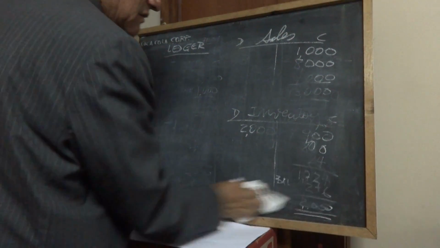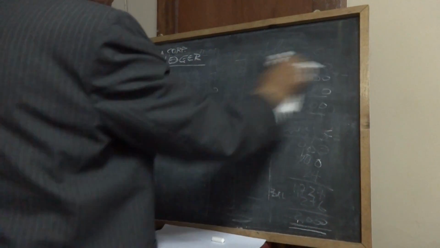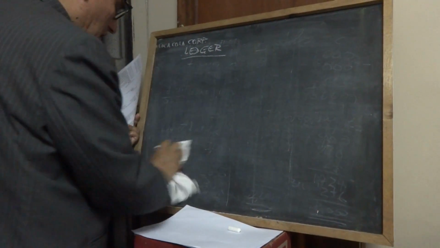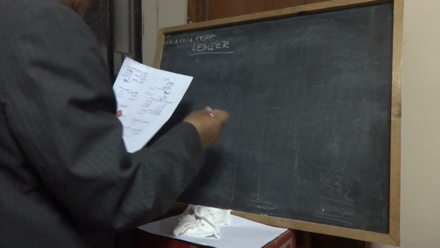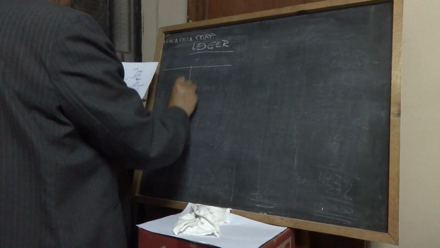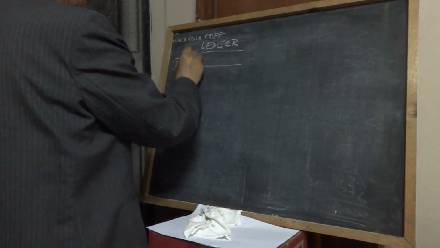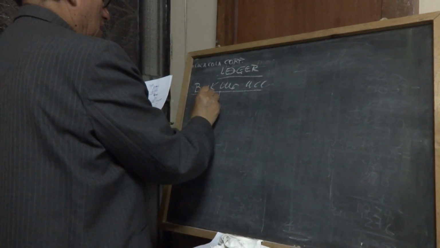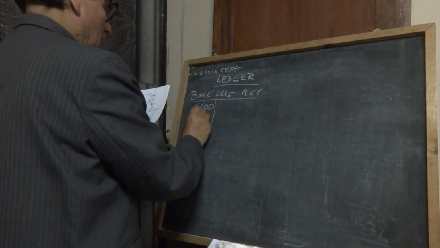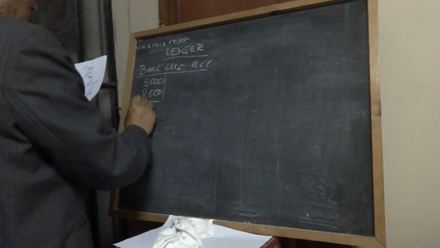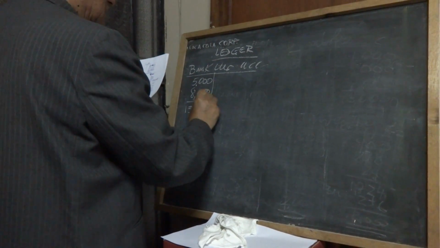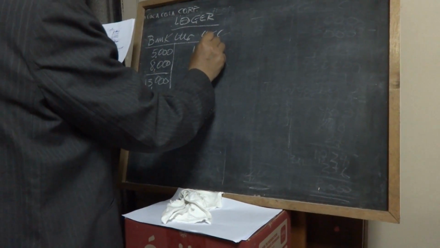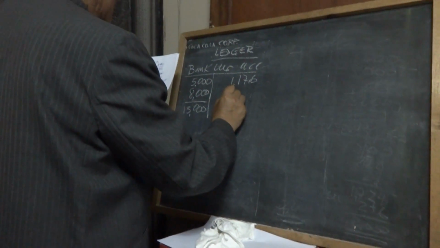Let's continue with the ledger of the Coca-Cola Corporation in the year 2018. We have the account bank current account, on debit $5,000 plus $8,000, and we have $13,000 on debit, and on credit $1,176 plus $5,500.